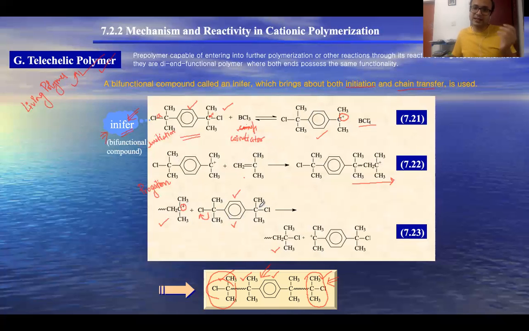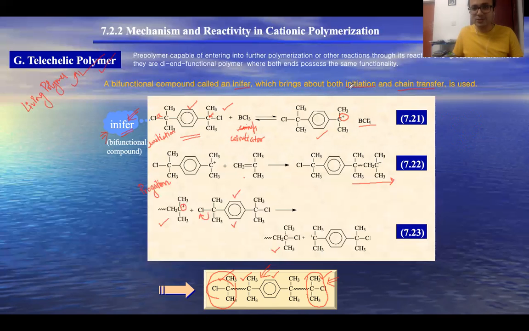So one way is that we can stop the chain transfer reaction by using proton traps. Another is that we can use chain transfer to our advantage by use of these bifunctional molecules called Inifers. The name Inifer comes from the work that it does.